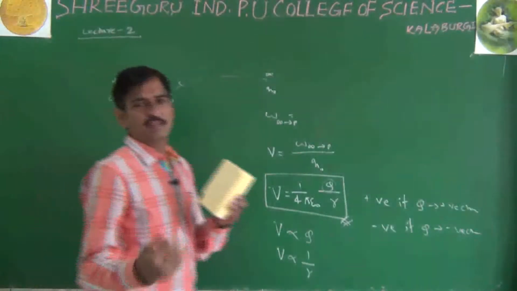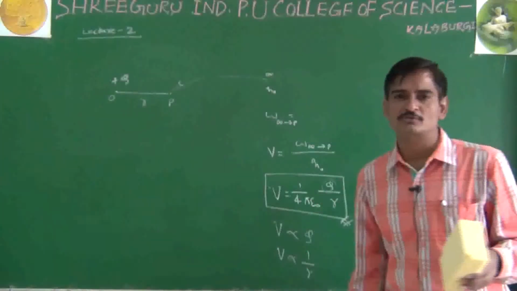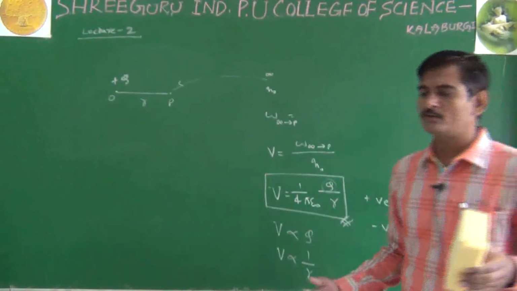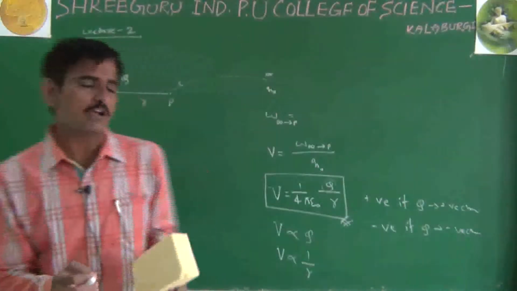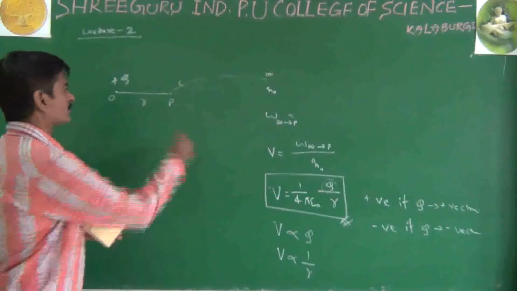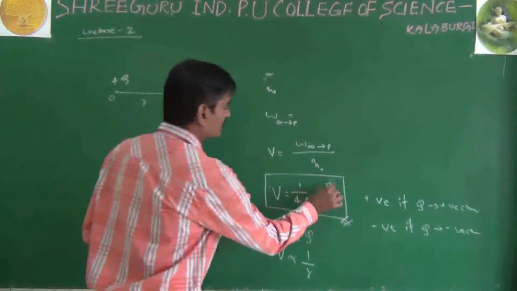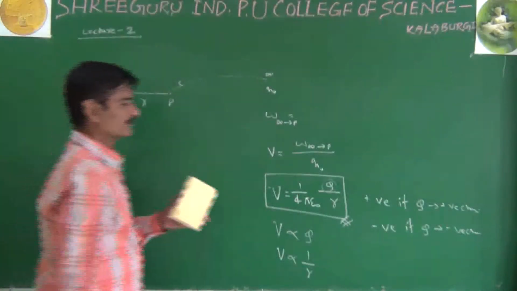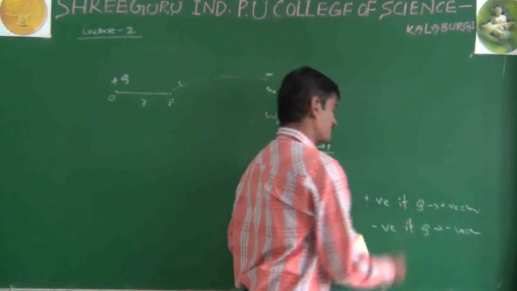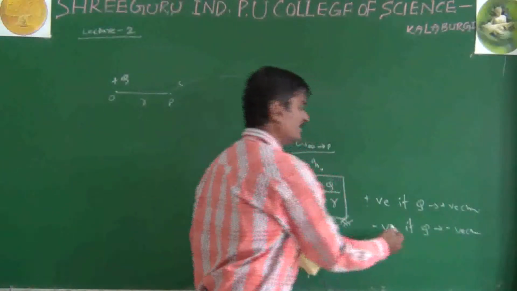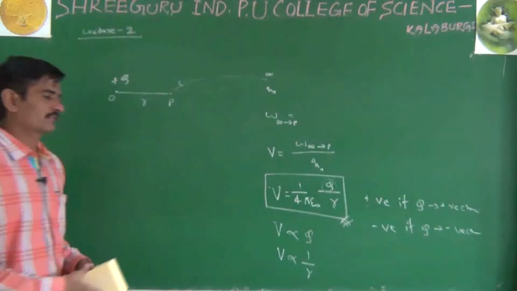And Q naught will always be a unit positive charge. You cannot take it as negative. So capital Q, that is the source charge: if the source charge is positive, electric potential is positive; if the source charge is negative, electric potential is negative. So like this, you can understand.